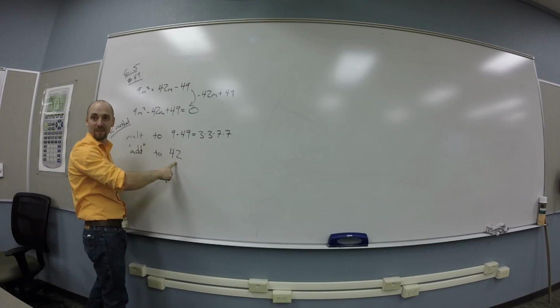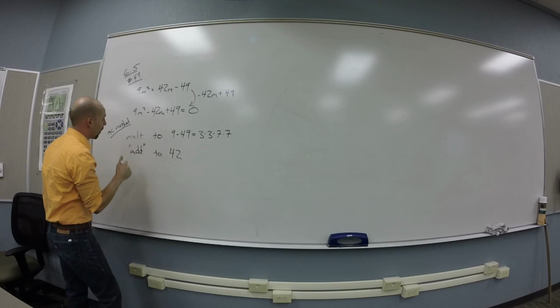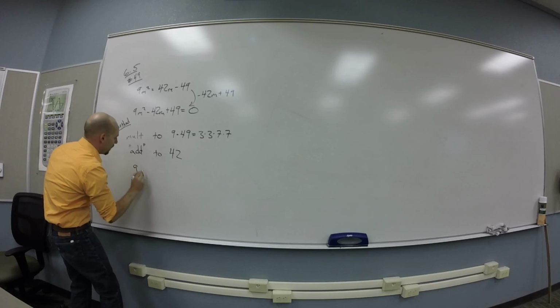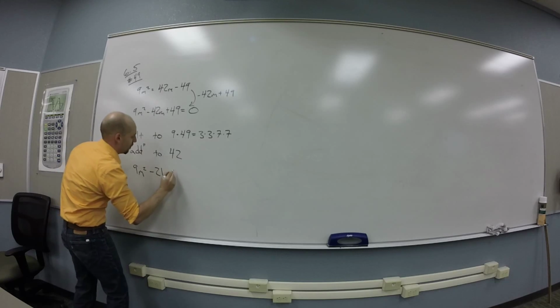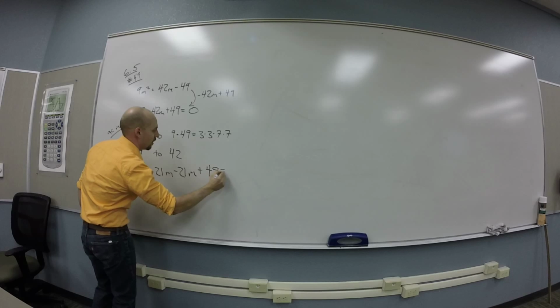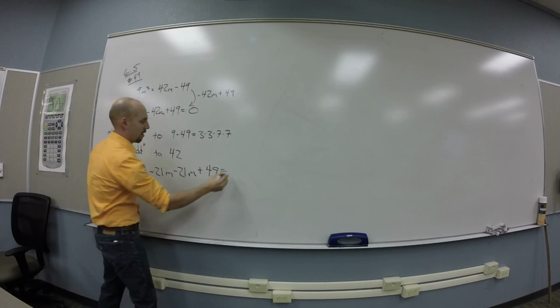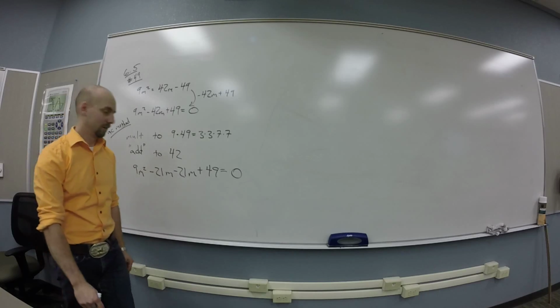Okay, so I'm looking for 9m squared minus 21m minus 21m plus 49 is 0. Okay, then I'm looking to factor by grouping, right?